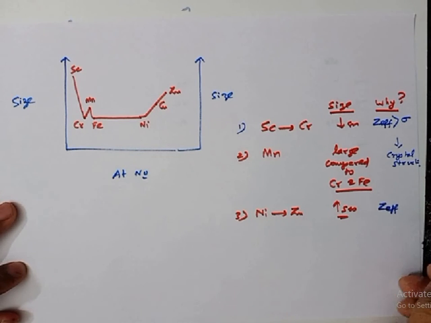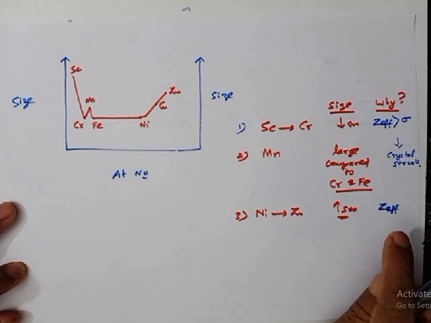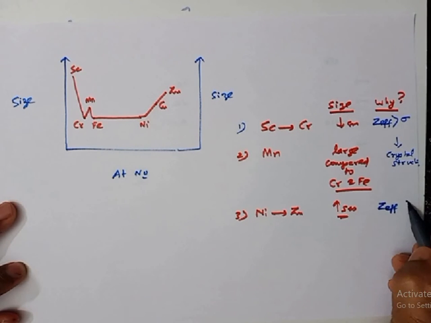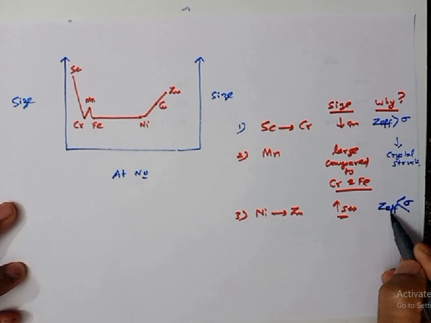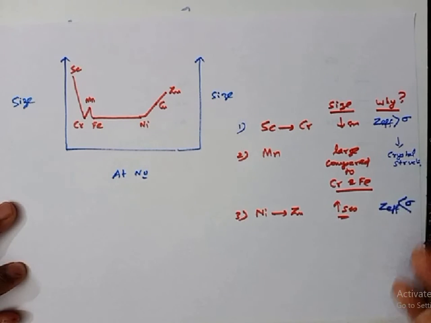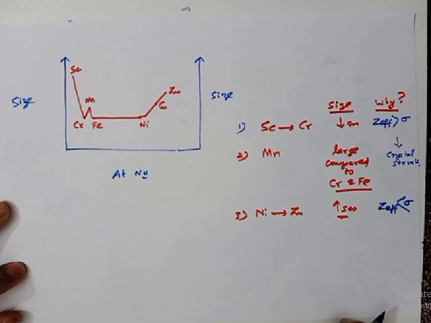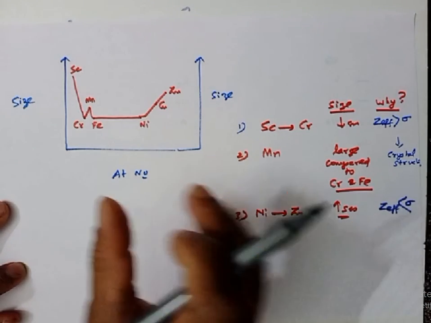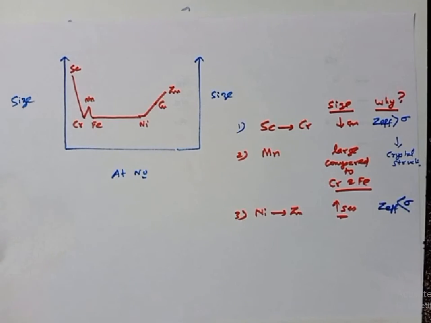Don't say energy, it is shielding effect. I'm very sorry. Effective nuclear charge and screening effect: if you compare, the screening effect is more compared to effective nuclear charge for these elements. Therefore, size increases. Is this clear? These 3 points are very important for the 3D series. Note down.